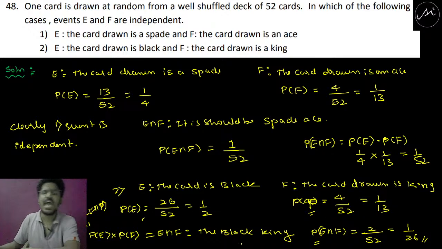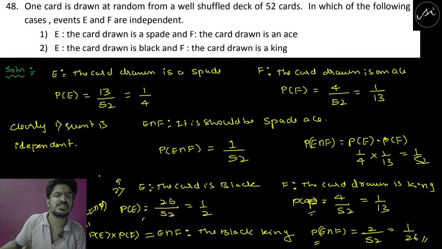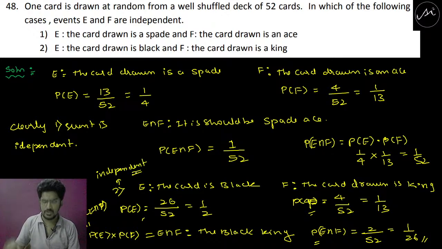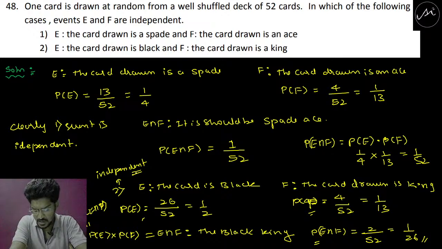Therefore E and F are independent events. So the second one is also independent. That means question 1 and question 2 are both independent events.